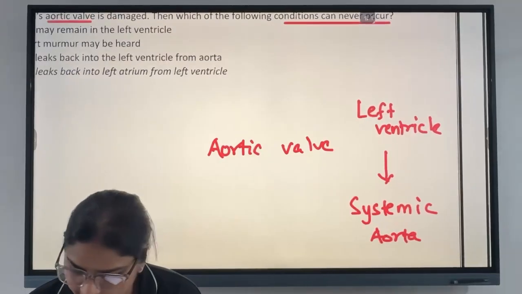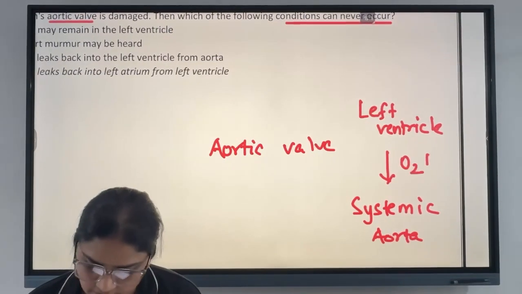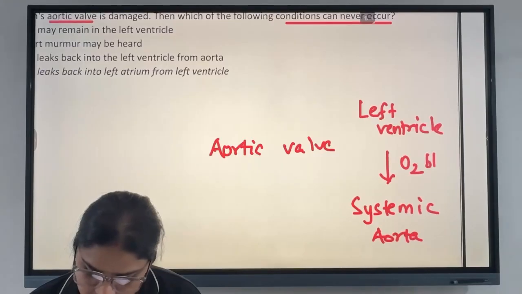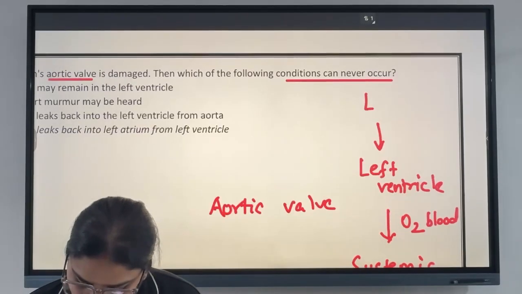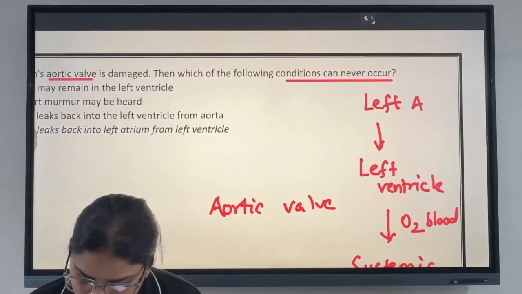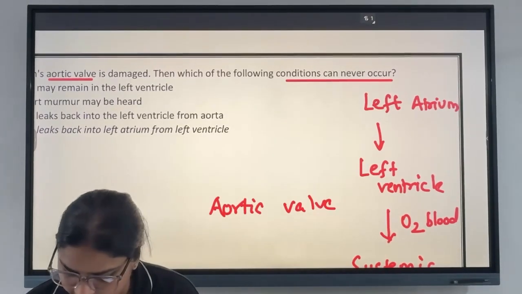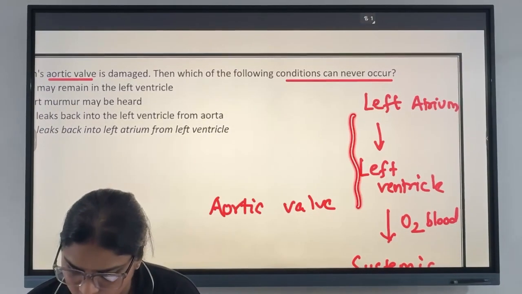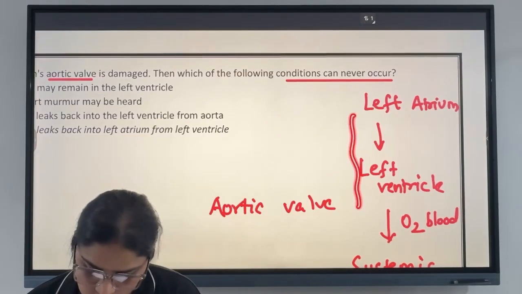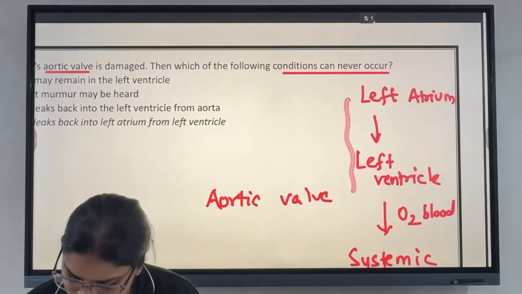The kind of blood that the systemic aorta gets is oxygenated blood, and the left ventricle receives this blood from the left atrium. So the flow of blood is left atrium to left ventricle to systemic aorta, to different parts of the body.